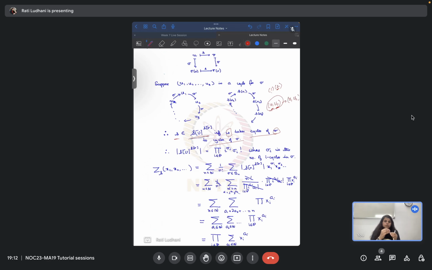So what it is doing is, if you have U1 U2, then it is mapping to S of U1 and S of U2. If it is still a cycle of length 2, if it is the same thing, then you are done. So S of U1 is what? S is your cycle.